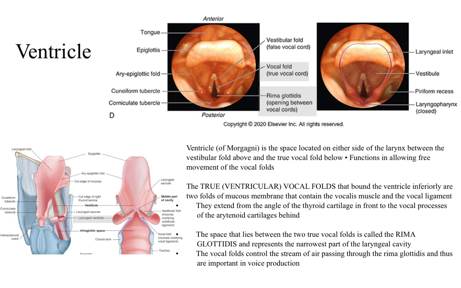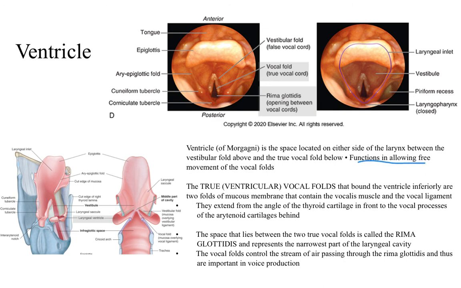Reminding you that the ventricles are this area between the vestibular folds and the ventricular folds, or the true vocal cords, the false vocal cords and the true vocal cords. And remember, we said the function of these is that they contain mucus glands, and when squeezed, they will secrete mucus into this area and lubricate the larynx so it doesn't get dried out, which is an important function.